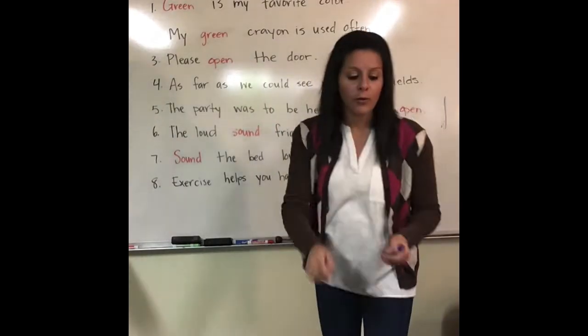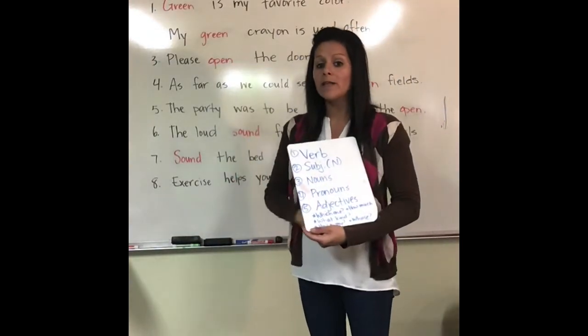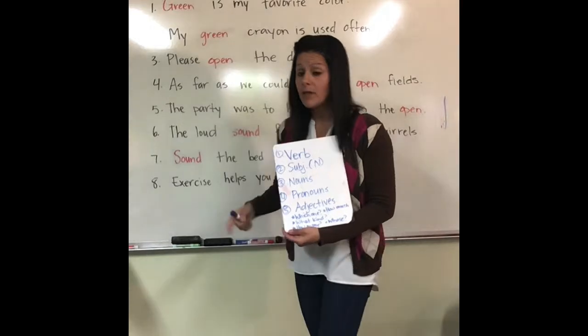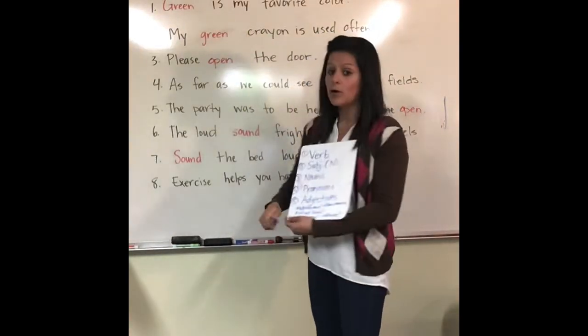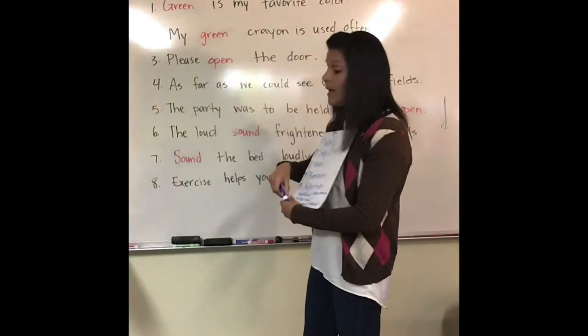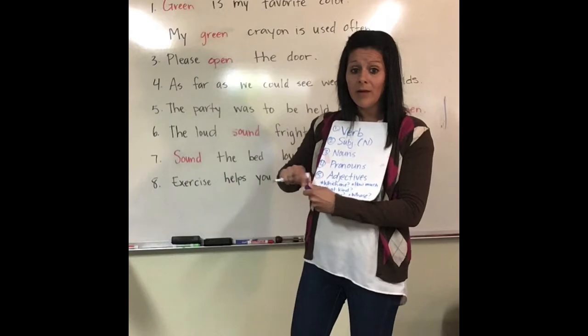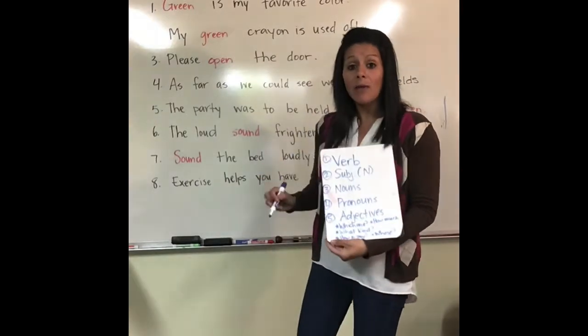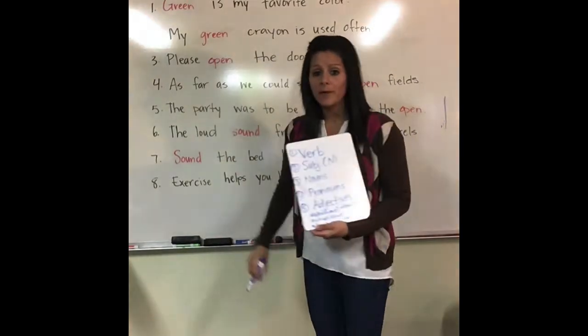We're gonna go through this process to figure out what part of speech the word green is. So let's go ahead and first start by labeling. Now to label, what you're gonna do is you're just gonna put it small, okay? And then when we get to the correct label for the word, we're gonna stop, okay?